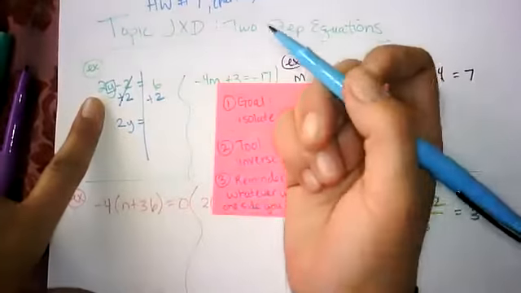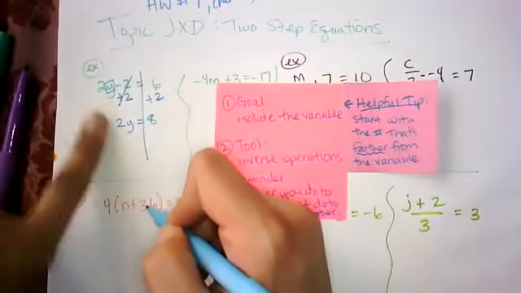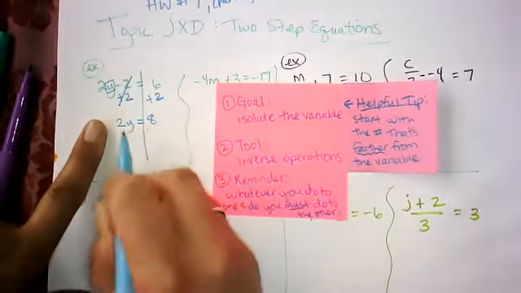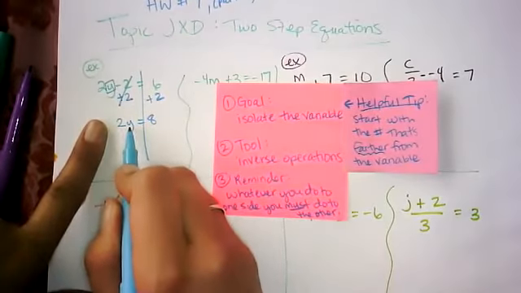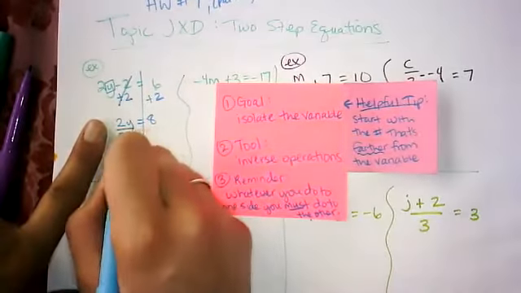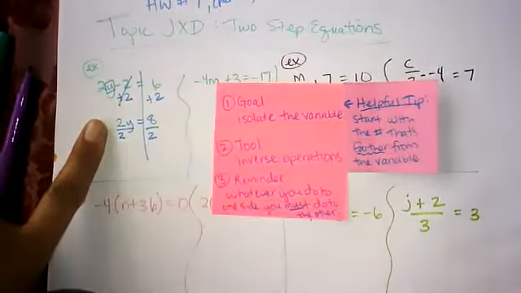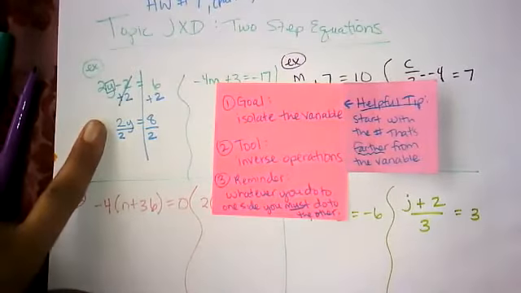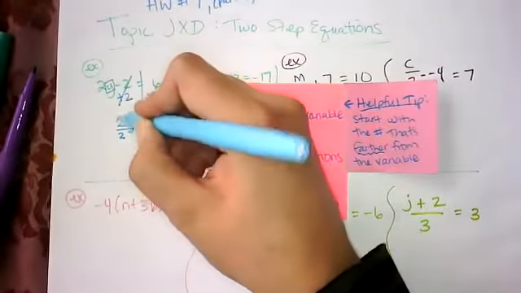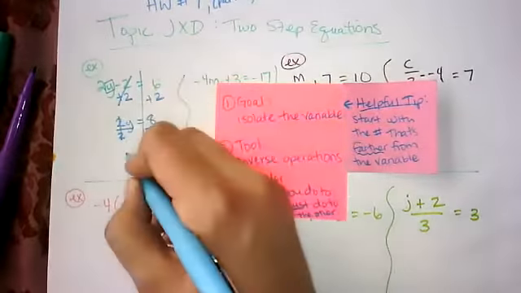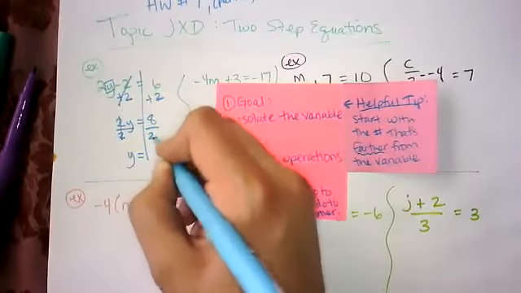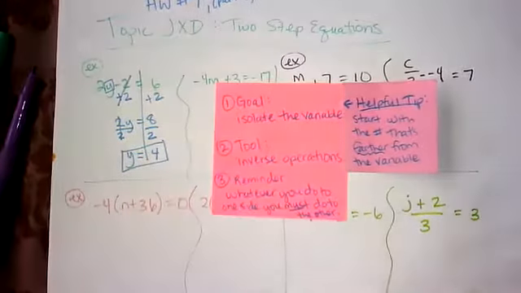And 6 plus 2 is 8. Now if I want to get rid of 2 times y, I'm going to undo the multiplication by doing the inverse, which is divide, which I like to look at as a fraction, because fractions mean division. So 2y divided by 2 is y, equals 8 divided by 2, which is 4.